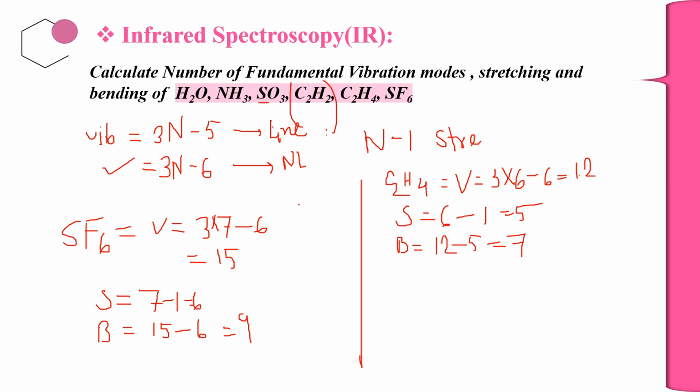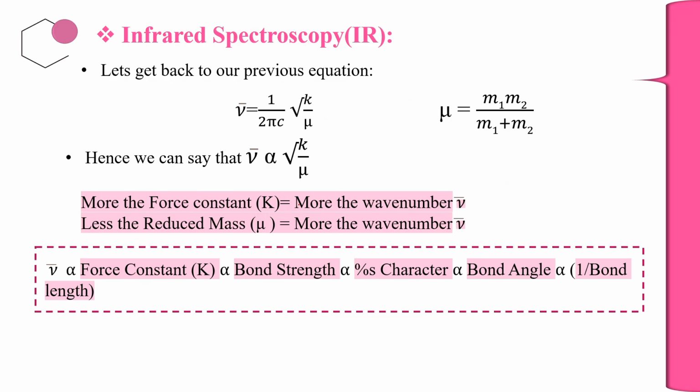Now let us move on to a different part, and this particular slide is very important for understanding or solving questions in IR. As I already discussed Hooke's law, from Hooke's law you can understand this equation where the wave number, that is nu bar, is equal to 1 by 2 pi c root over k by mu, where k is the force constant of the molecule, that means the bond strength, and mu is the reduced mass of the molecule.